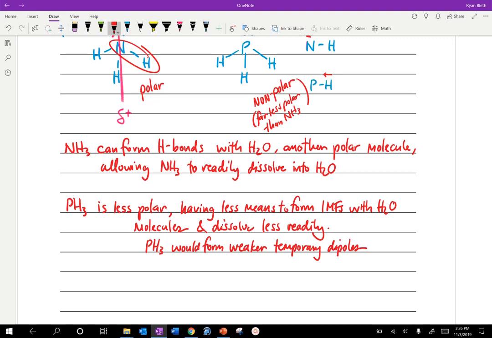And so what we end up with, in terms of it interacting with water, would be a dipole-induced dipole sort of attraction. The dipole is in water. The temporary induced dipole, and you could just call it a temporary dipole, or instantaneous dipole, would be the only attractions that we'd have between water and PH3.